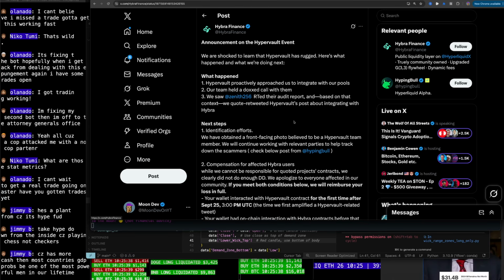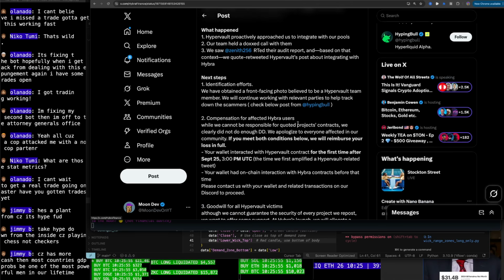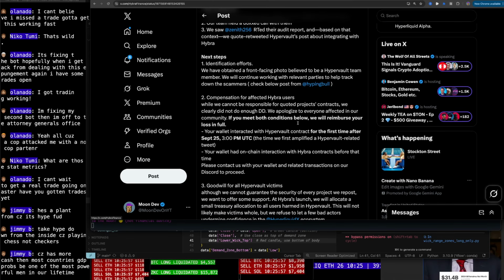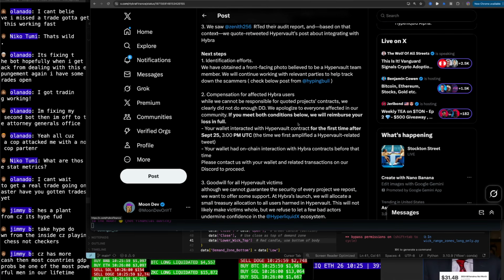Next steps, identification efforts. We've obtained a facing photo believed to be the Hypervault team member. We will continue working with relevant parties to help track down these scammers. Compensation for affected Hybra users. While we cannot be responsible for quoted projects' contracts, we clearly did not do enough DD.